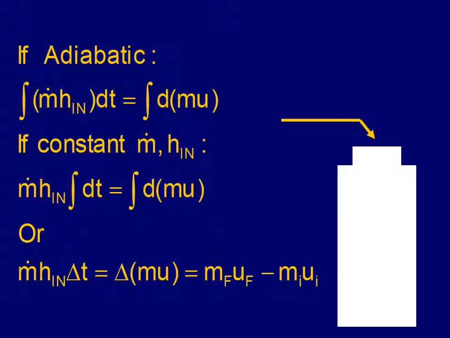The integral of dmu is just m final u final, or m2 u2 minus m1 u1, mu evaluated between the limits. So our final result is that mass flow in times Hn times the delta T, which is really just the time it took to fill the tank, is equal to the change in internal energy of the tank.